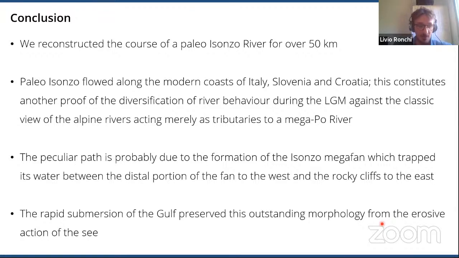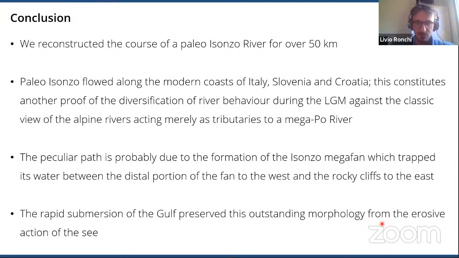A second thing that we can conclude is that the Paleo-Isonzo, as I showed you, flowed along the modern coast of Italy, Slovenia, and Croatia, and this is in contrast with the classic view for the Adriatic Sea of a mega Paleo-Po river, which would have collected all the waters, all the rivers from the Southern Alps and Dinaric Alps.